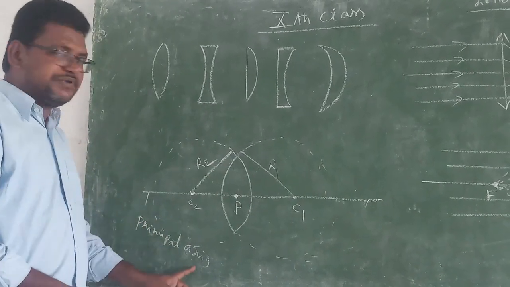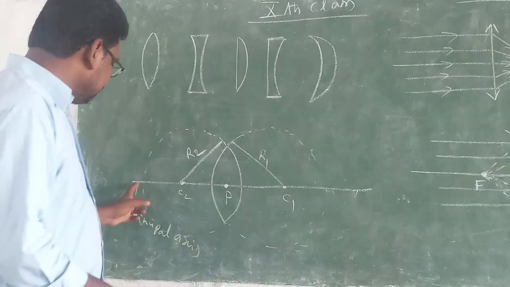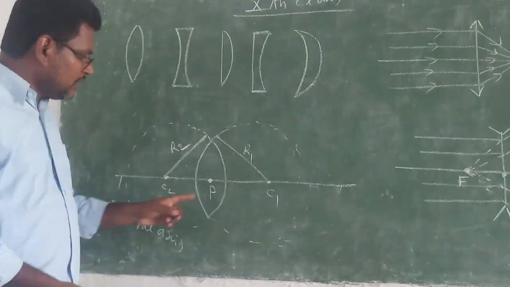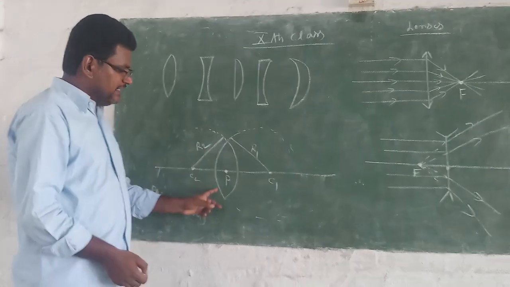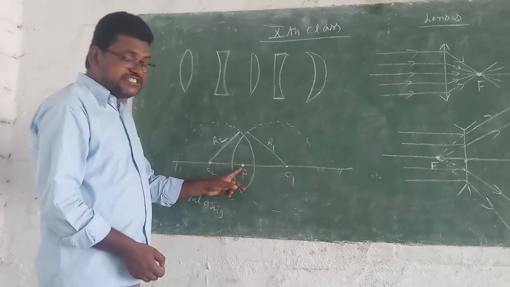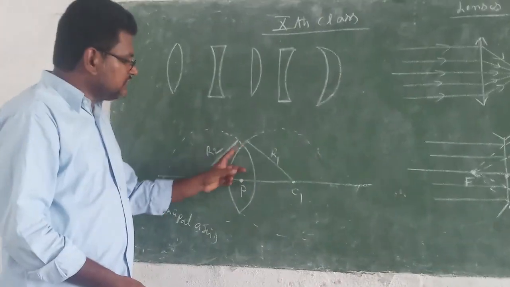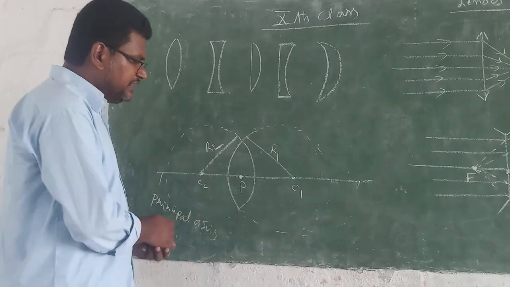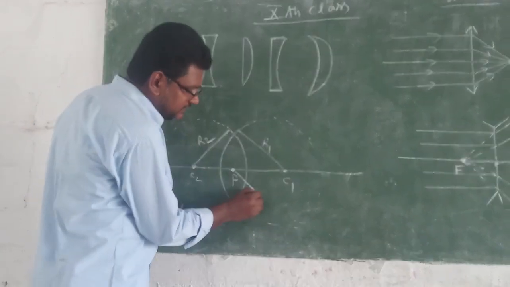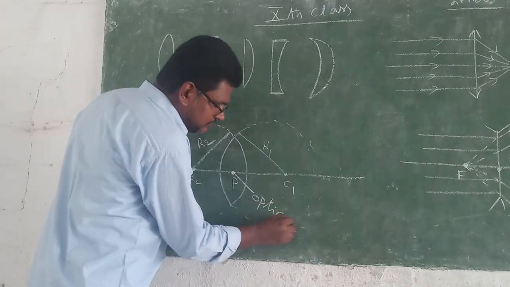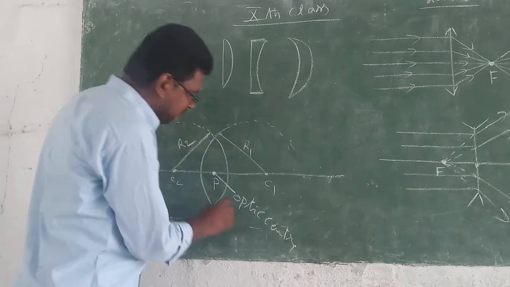This is the principal axis, and this is the center of the lens, the geometrical center of the lens. The geometrical center of a lens, P, is called the optic center. This is the optic center.